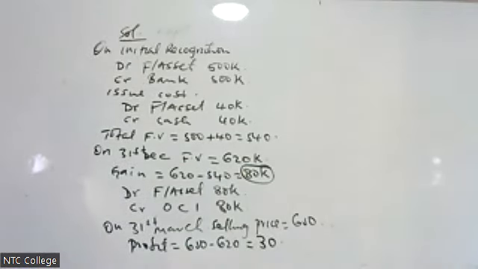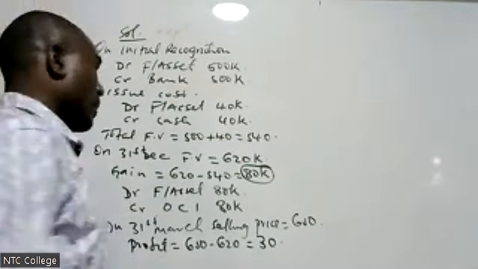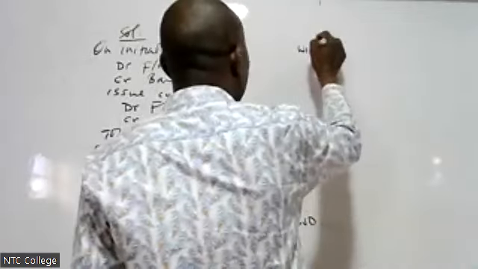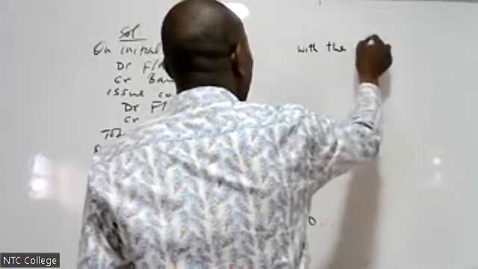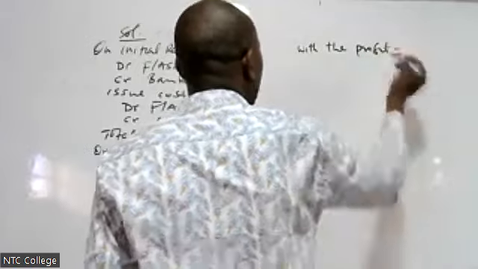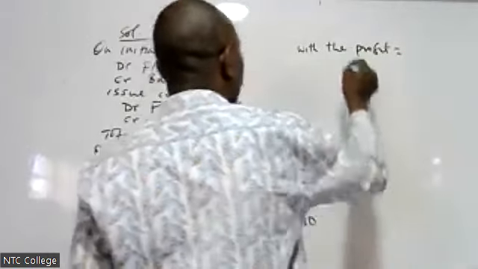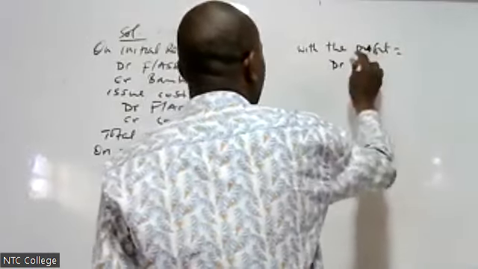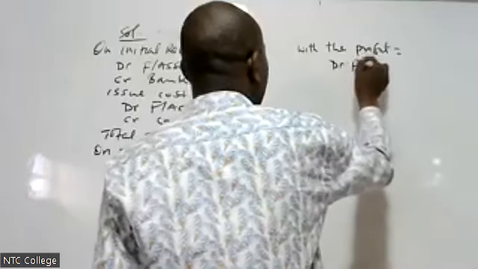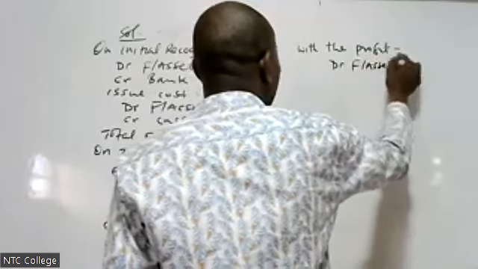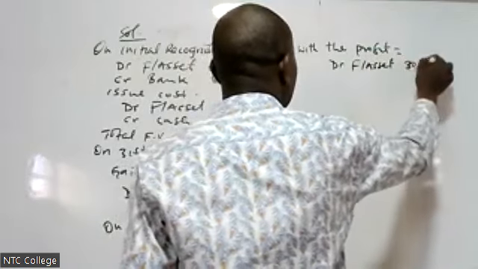We have a profit of 30K. Now, this is the profit. It is profit because we are selling, it's not OCI again. We debit financial asset with 30K.